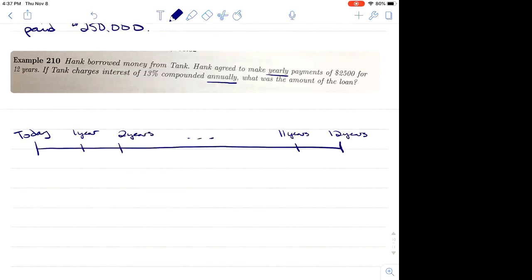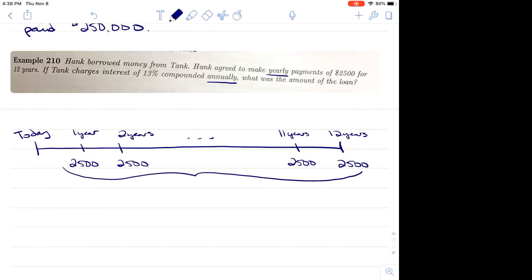And he's going to make payments of $2,500, $2,500, $2,500, $2,500. Same idea. All of these payments are going to funnel into some present value today.